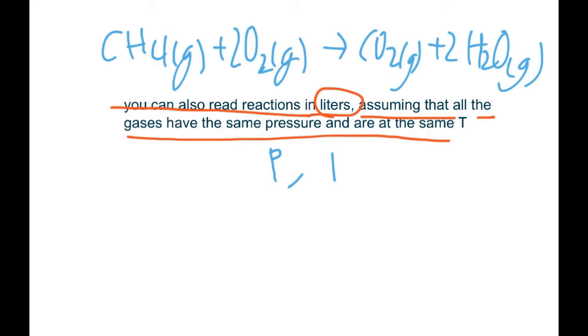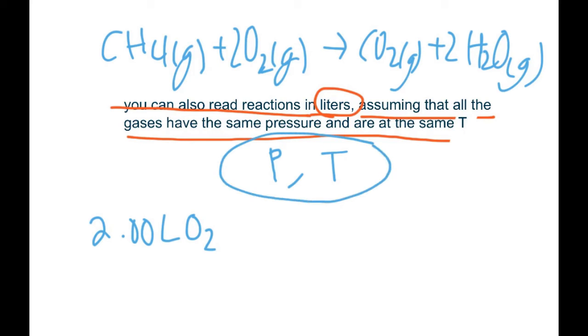So if I wanted to completely react 2.00 liters of O2, how many liters of CO2 would be produced, assuming that we are at a constant pressure and temperature for each chemical? If this is true, then we can read this in terms of stoichiometry.